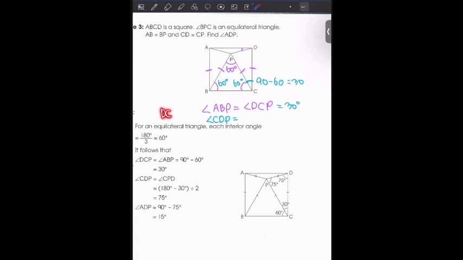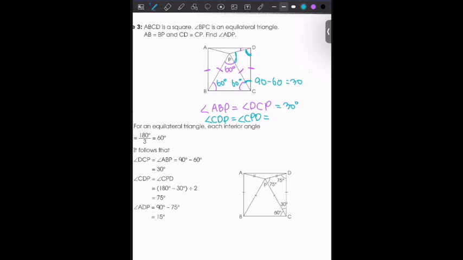Because DC is equal to PC, we know that triangle PCD is an isosceles triangle. And for an isosceles triangle, we have two identical sides and we have two identical angles. And so angle CDP here is going to be equal to angle CPD.